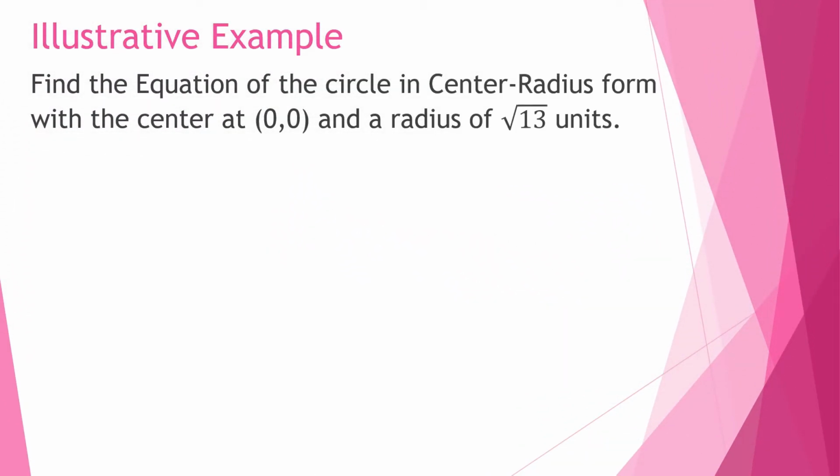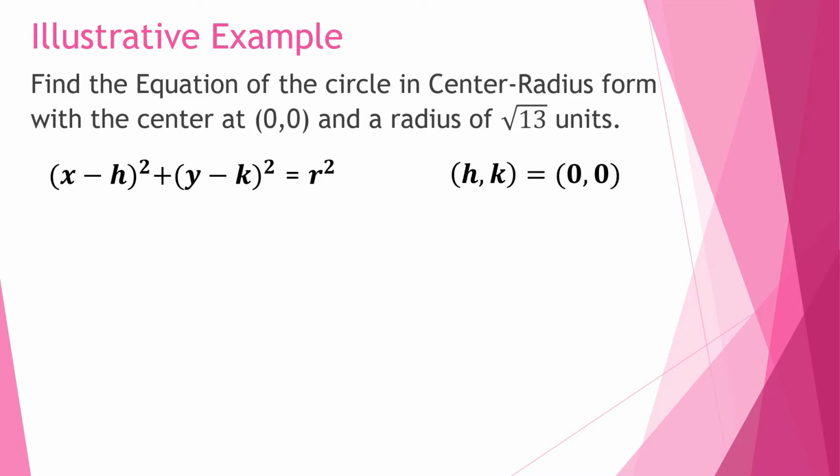Okay, so let's have another example. Find the equation of a circle in center radius form with the center at 0, 0 with a radius of square root of 13 units. So again, our center radius form is x minus h squared plus y minus k squared equals r squared. Then all you have to do is to find your h, k, which is 0, 0, the center of our circle, and r, which is square root of 13, the radius of our circle.